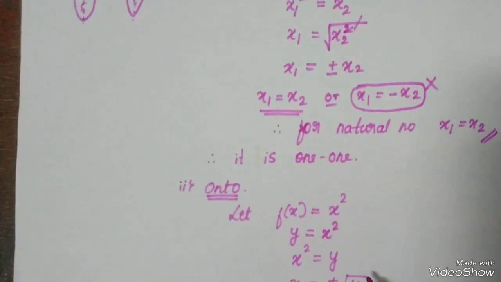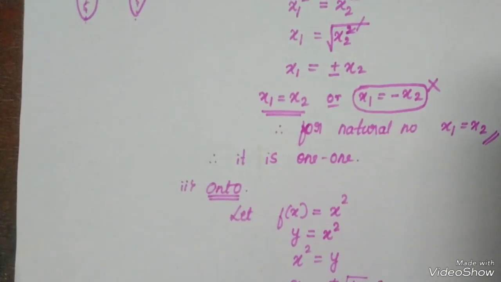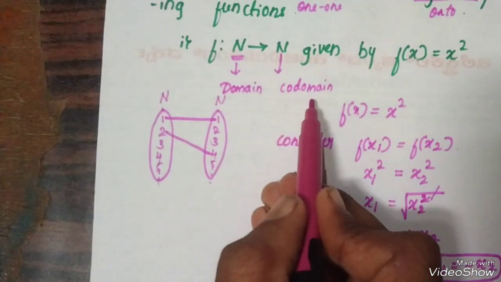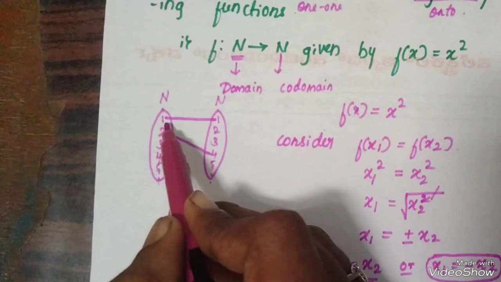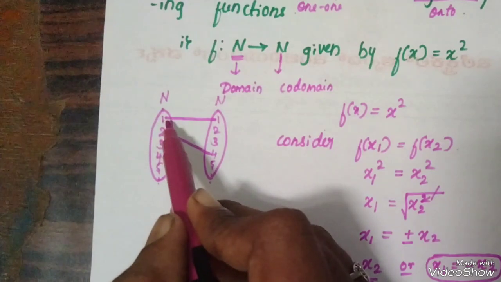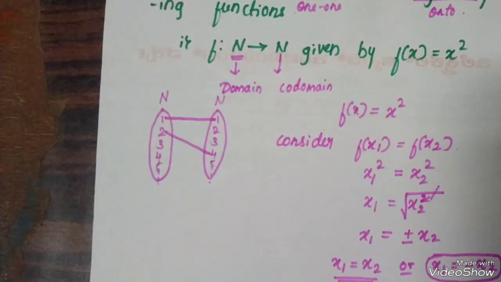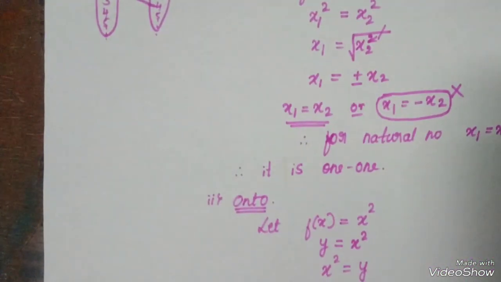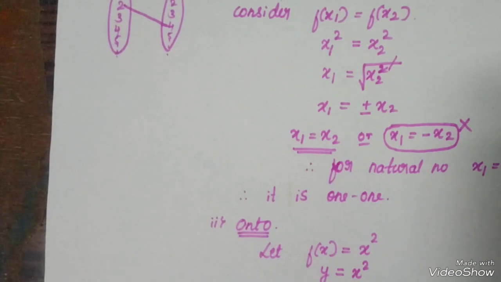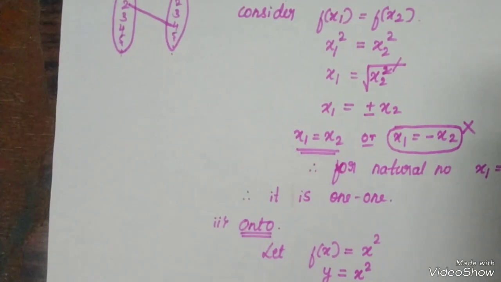But for 2, root 2 is not a natural number. Since the codomain is also the natural numbers, the image should be a natural number, but when we substitute the codomain value 2 in this function, we don't get a pre-image for x. Hence y does not belong to N. Therefore it is not onto.